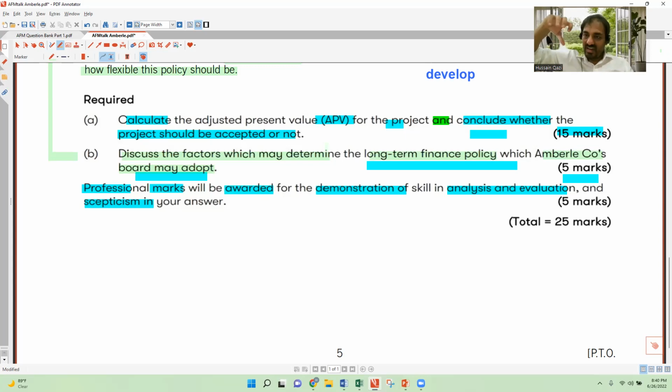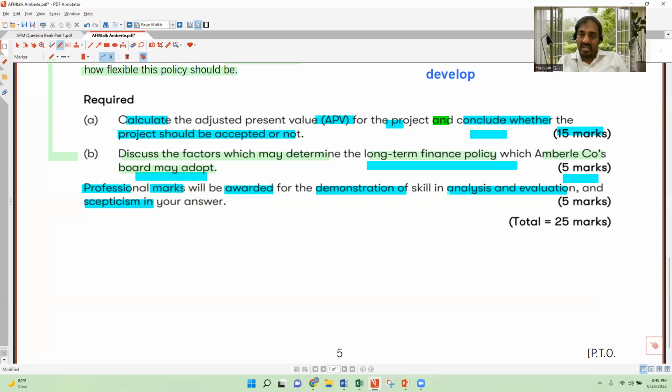Number two, we have used the functions of the spreadsheet. We have developed an answer in a structured and precise way. So we have done the calculation accordingly, and related to calculation we have put effort into getting the professional marks.